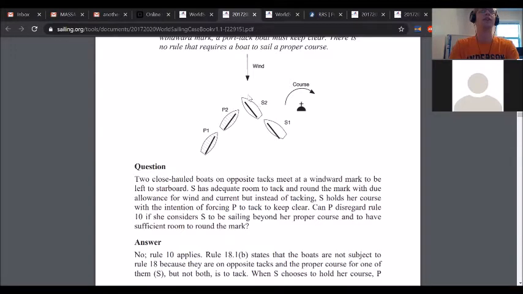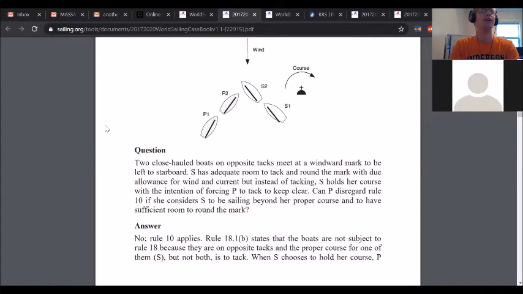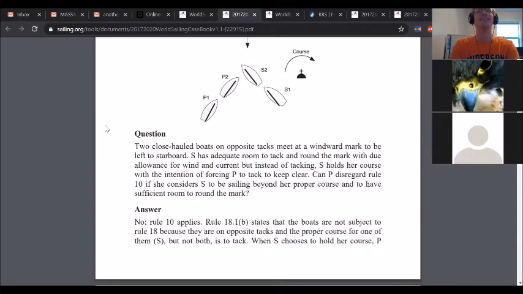It could be, especially in team racing, this guy might be doing this on purpose to force him. But as our team racers should know, it's perfectly legal. Mark room does not apply in this situation because the boats are on opposite tacks and one of them has to tack to go around the mark. That's my favorite mark trap.